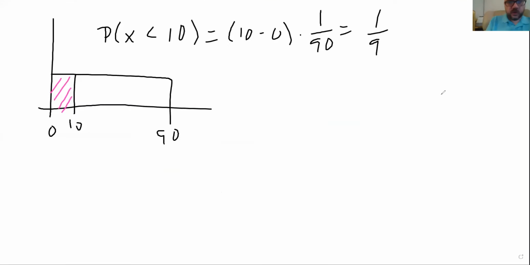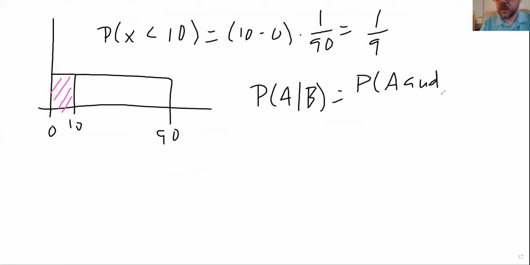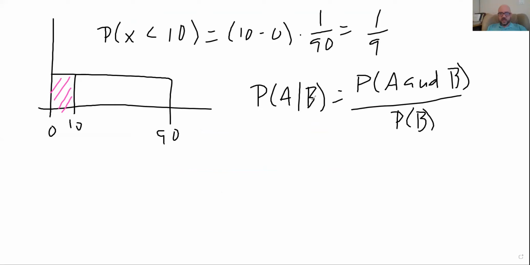If you recall, the probability of A given B is the probability of A and B over the probability of B, right? We are restricting ourselves to B, so that's what goes in the denominator.